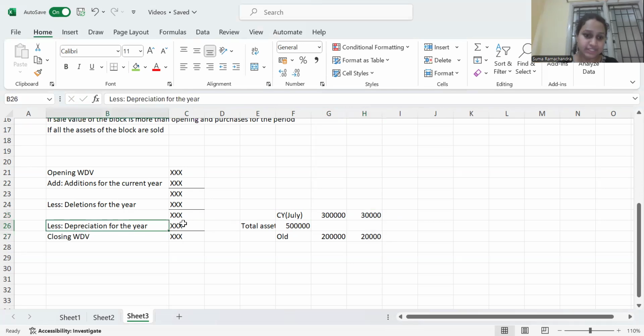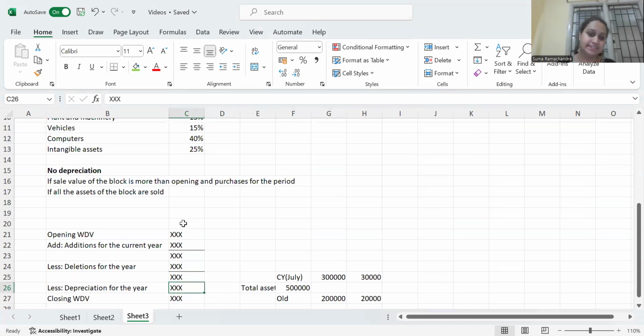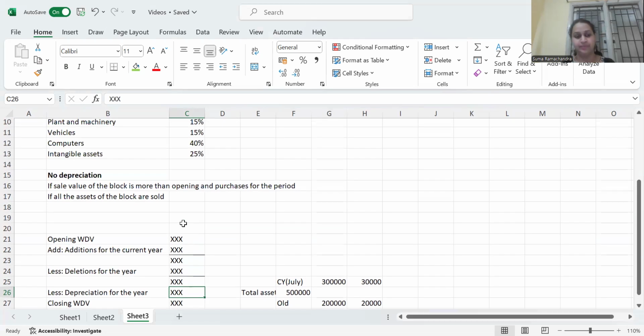Now, in addition to that, one more thing that you have to study is, this is the basic format for any kind of asset. Now, if the asset is plant and machinery, you have to be careful about one additional concept here, that is plant and machinery used for manufacturing purposes. If there is any plant and machinery used for manufacturing purposes, there is one additional benefit given.